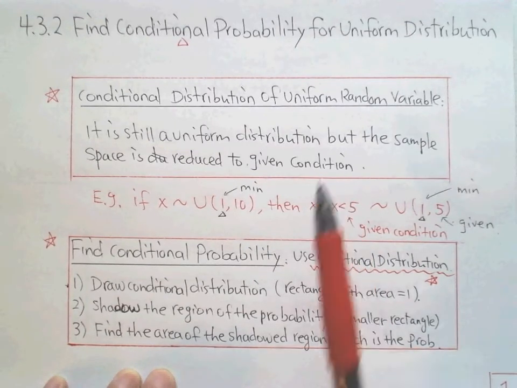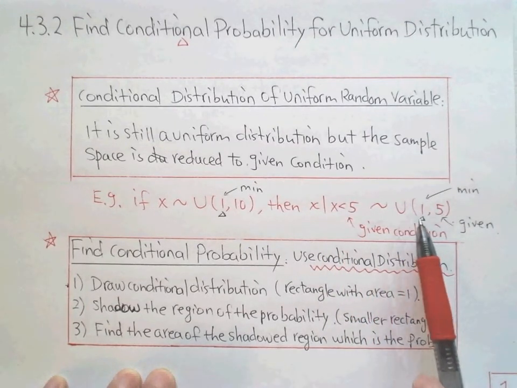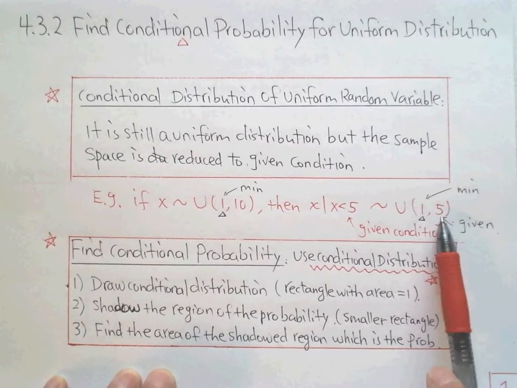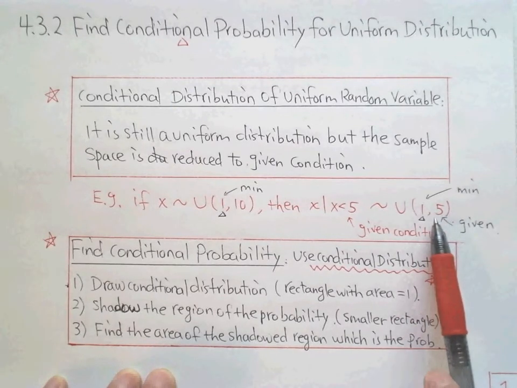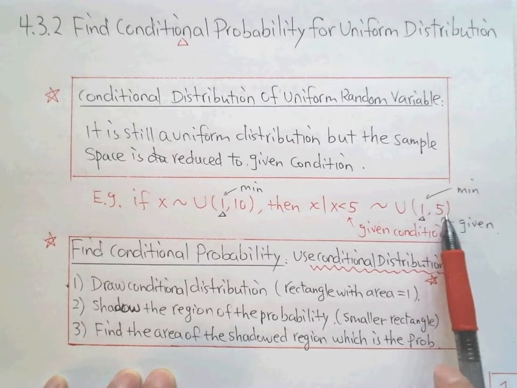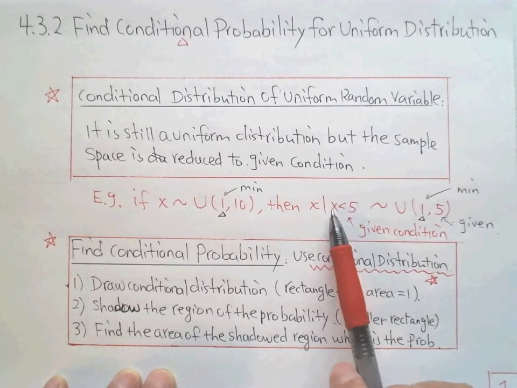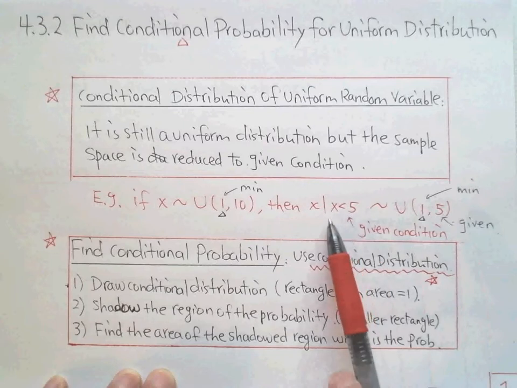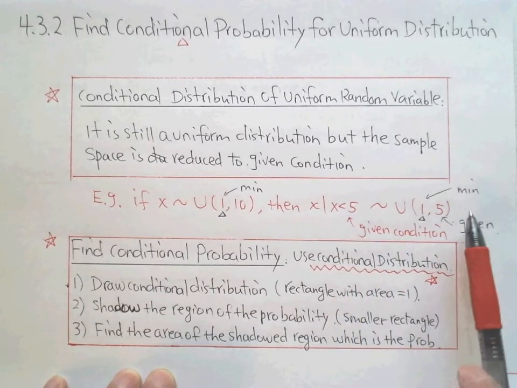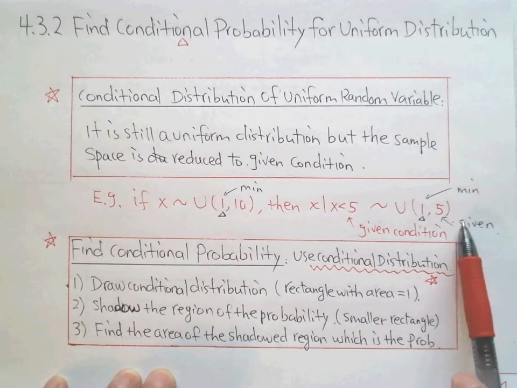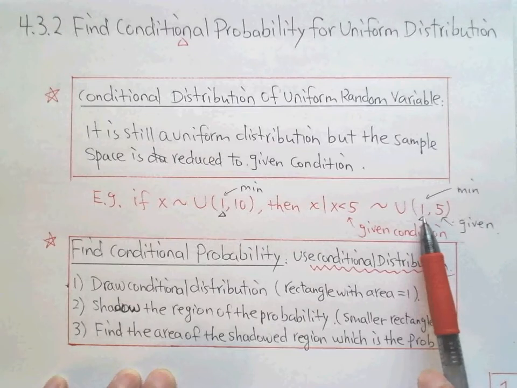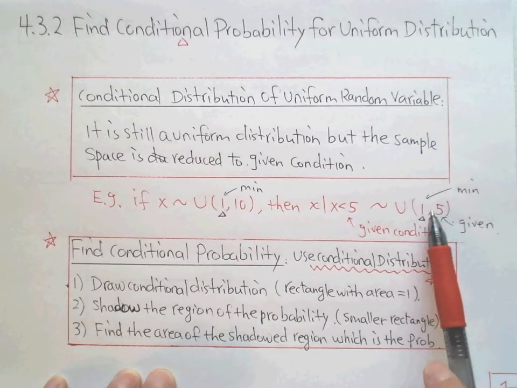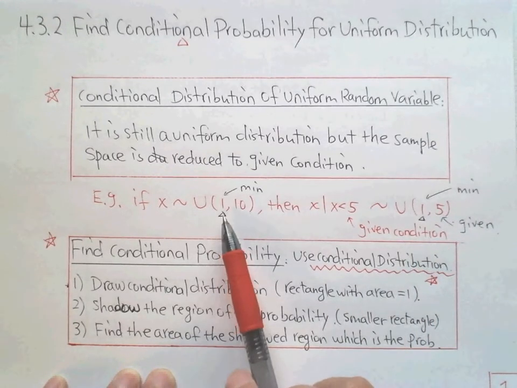And what are these two limits? What is the interval? That's changed. First, your waiting time should be less than 5 minutes, right? Because it's already given, so 5 is given. Why should your waiting time be greater than 1 minute? Because of the original minimum value. 1 is the minimum value for your original x.